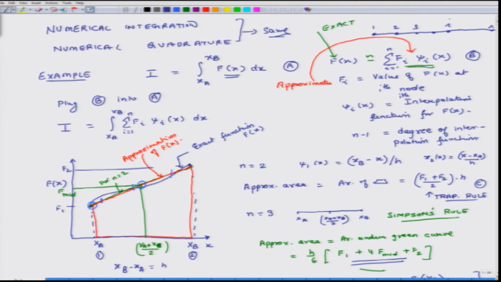In the last class we had seen that when we are integrating from point xa to xb, that is the domain of the element. Now in reality these values xa and xb will change from one element to another element. So it is a little more tedious to generalize this type of numerical scheme.